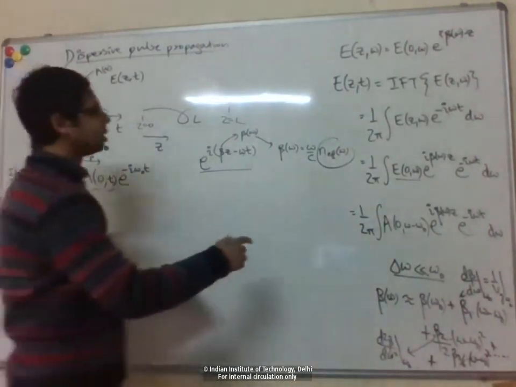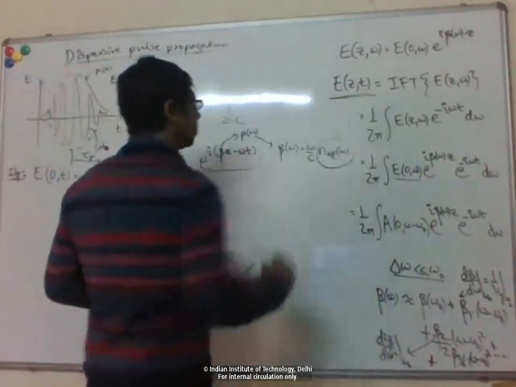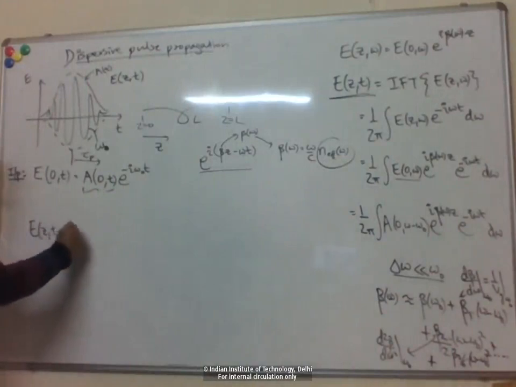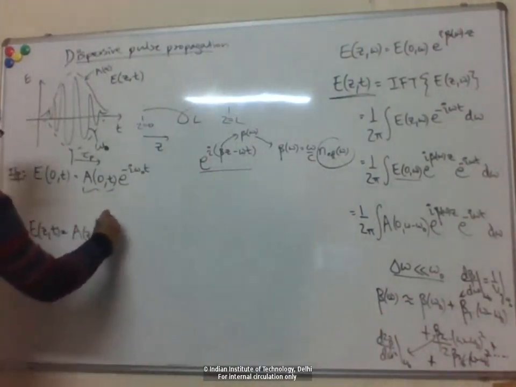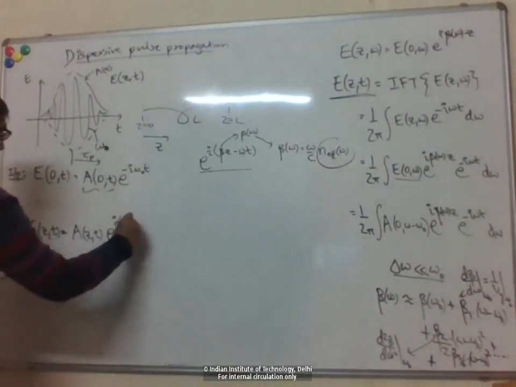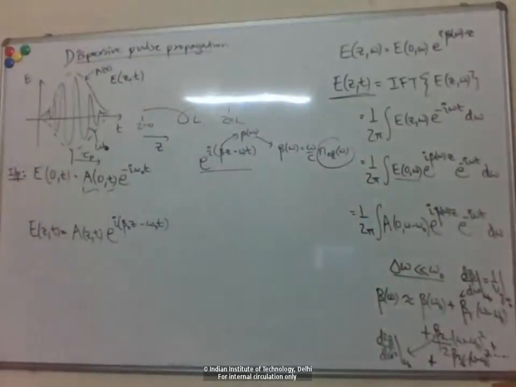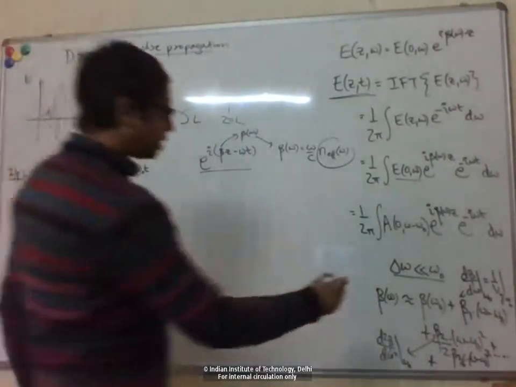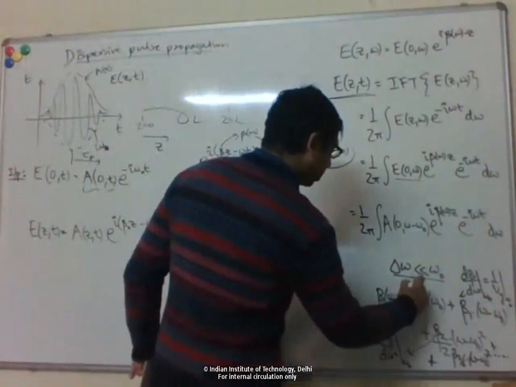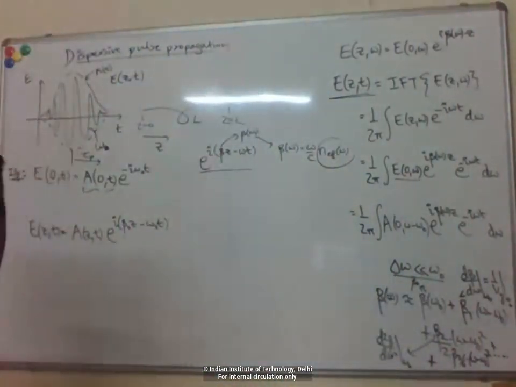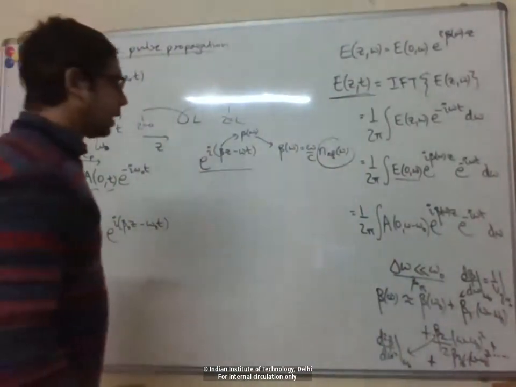then basically this E of z comma t I can write as some A of z comma t times e to the i beta naught z minus omega naught t. Okay, so beta naught is basically this beta at omega naught, which is the propagation constant at the center frequency, right?